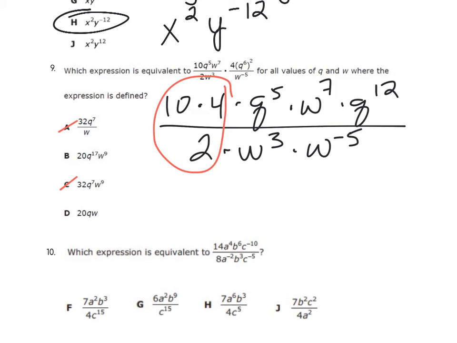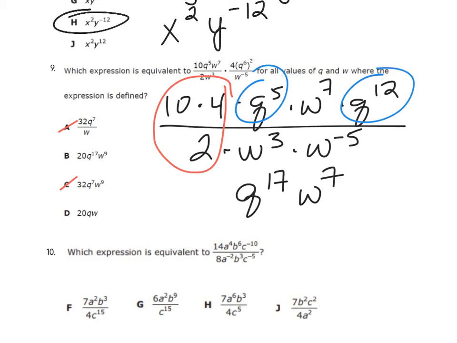So now let's look at our exponents. q to the 5th, q to the 12th, multiply them together, and I'm going to get q to the 17th. And then I have w to the 7th, and out here I have a 20.